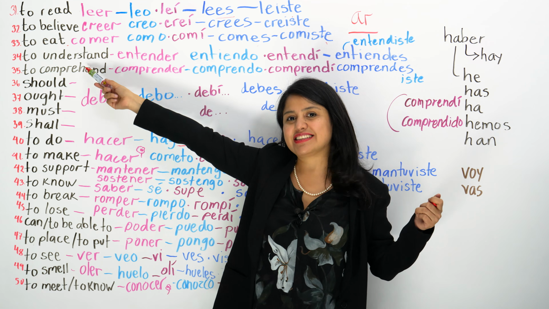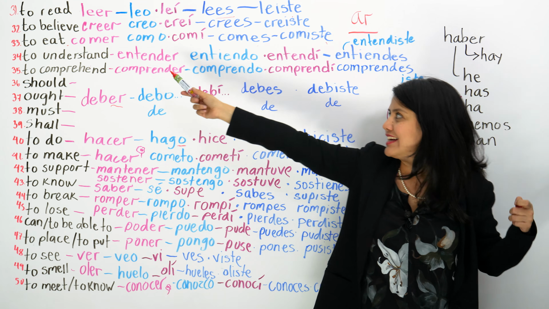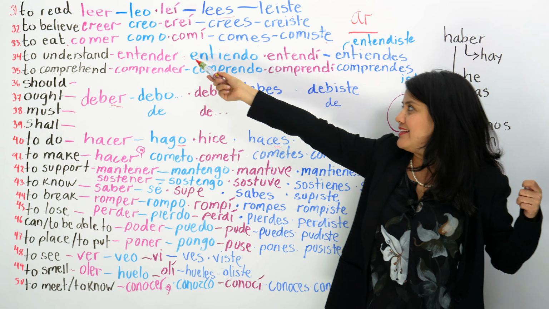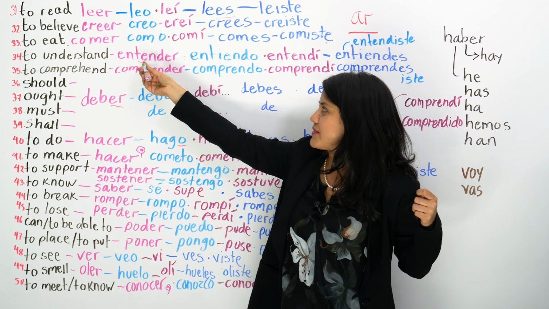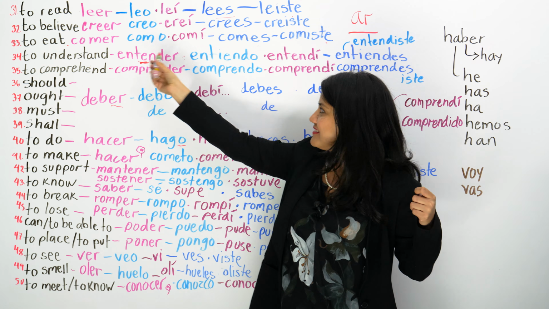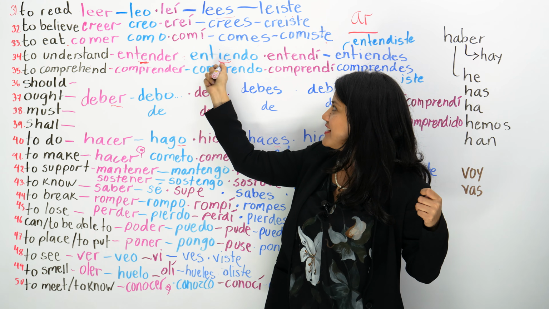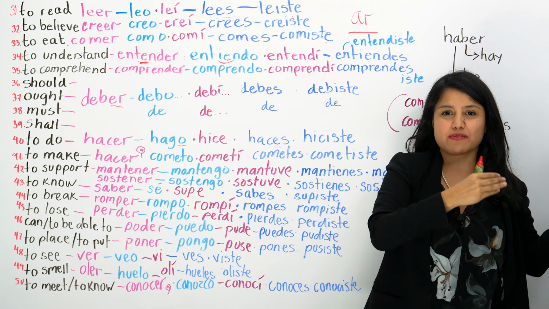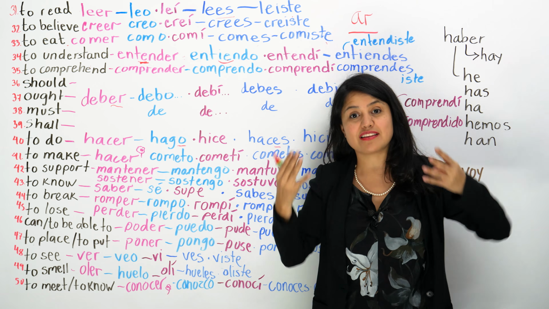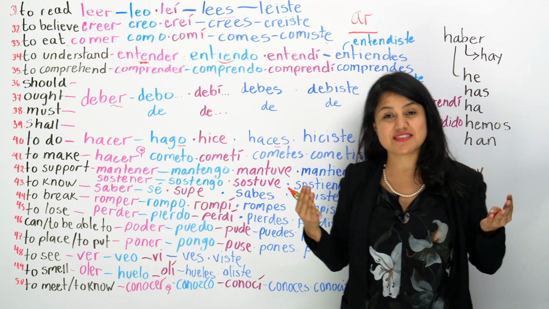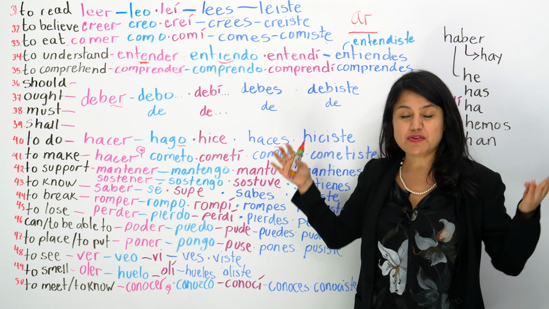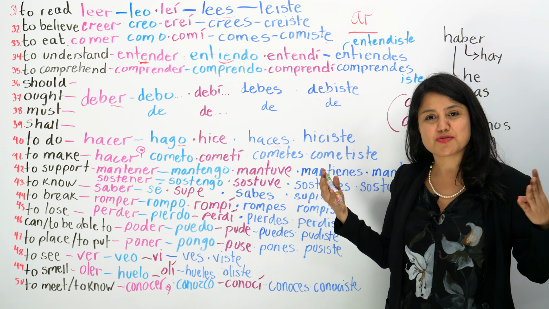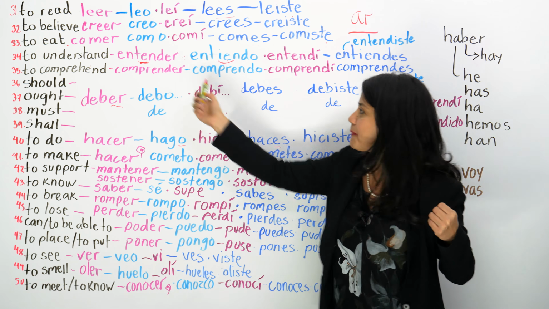To understand. Entender. Yo entiendo. See, this irregularity, remember we talked about it? Same irregularity, right? So we're going to group a few verbs that follow that irregularity, and then we're going to make a lesson about all those verbs, because we have seen a few of them, but there are more, and it's worth it for you to learn them all.